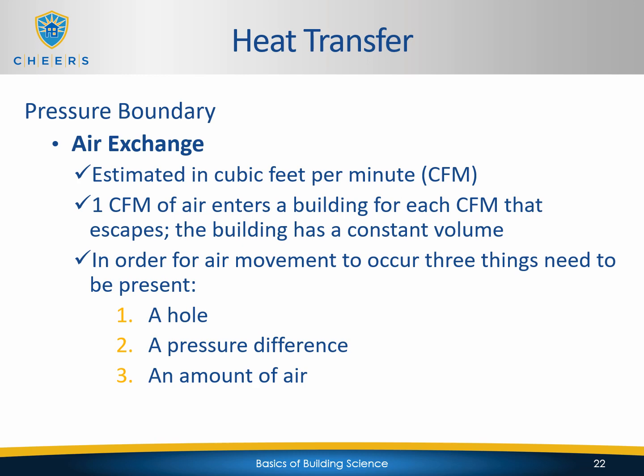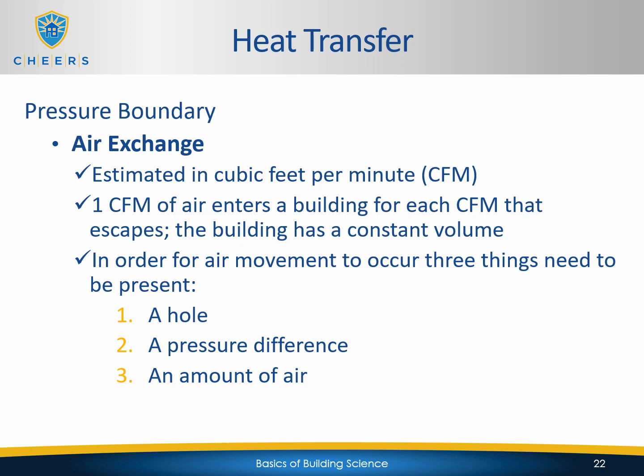In order for air movement to occur, three things need to be present. You have to have a hole, you have to have a pressure difference, and you have to have an amount of air. Obviously, you need a hole, a place for air to go in and out of. You must have a pressure difference, meaning pressure differences drive air movement.